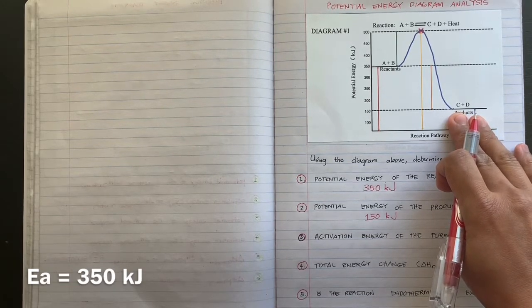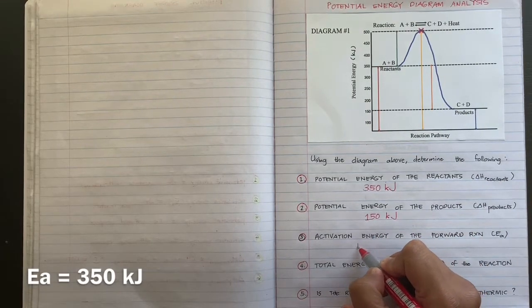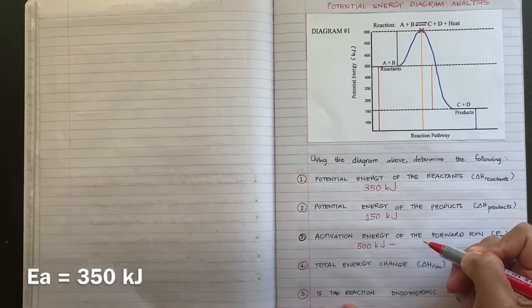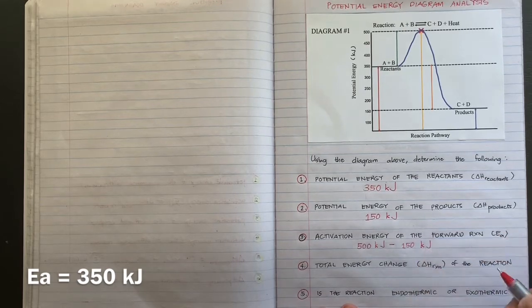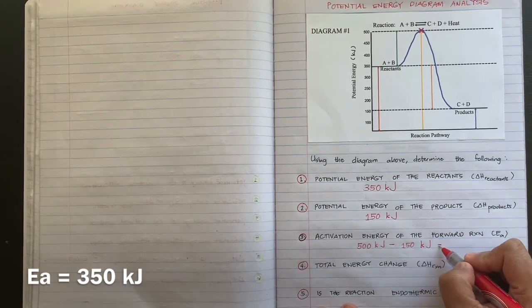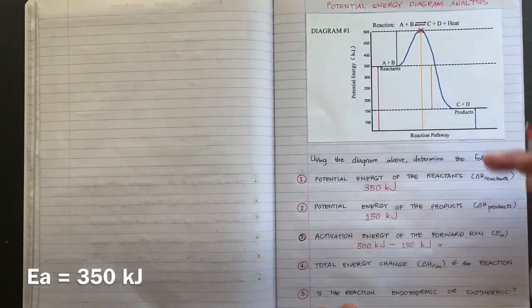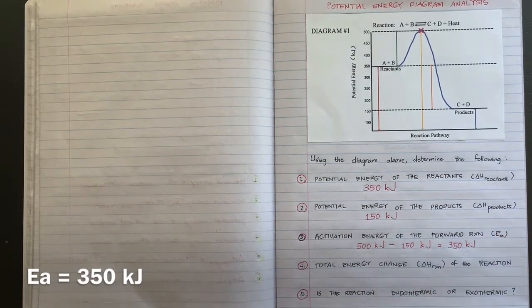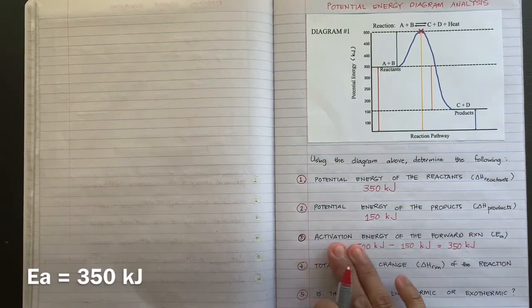So the total activation energy is your maximum, 500 kilojoules, minus the final state of the products, which is 150 kilojoules. And so you will get the activation energy of this forward reaction, from all the way here to where it is, to be 350 kilojoules. This is the minimum amount of energy so that the reaction will take place. So 350 kilojoules is the amount of activation energy.